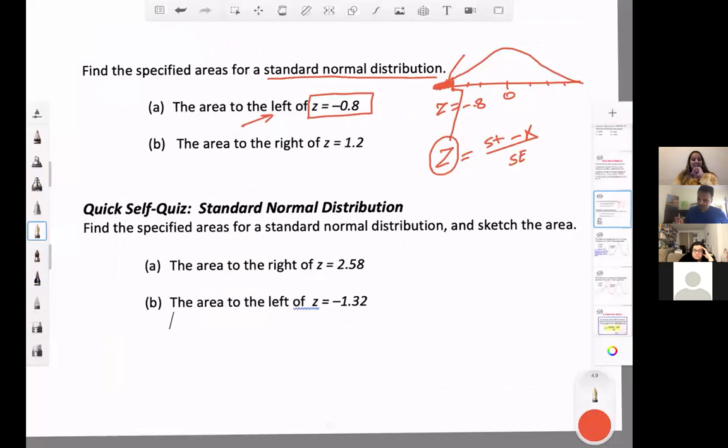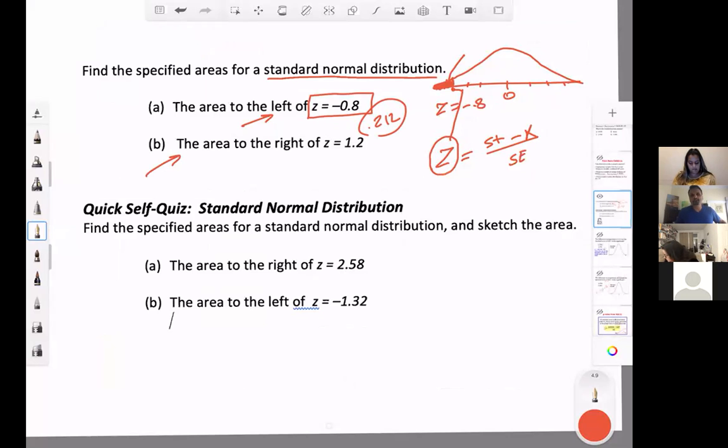So in this case, we got 0.212. Can you tell me what B is? Can you do the same thing? Tell me what it is if Z is 1.2. This is what we saw last Monday. I also sent you guys a document for all the solutions.